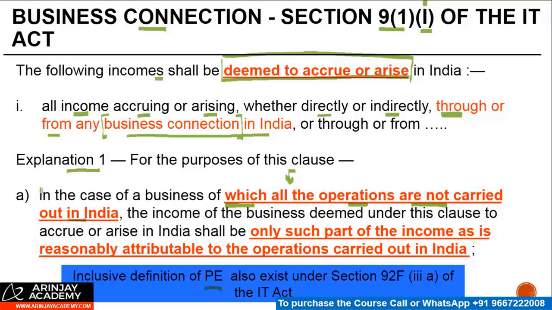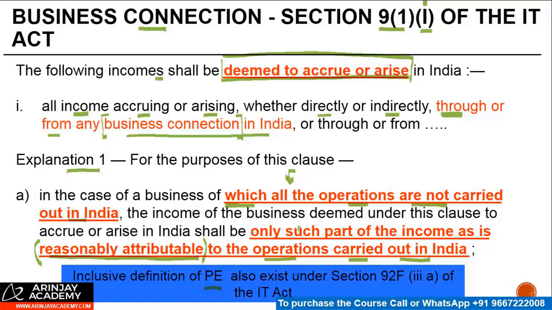So if you are purchasing goods in India and selling goods in India, all the operations are carried out in India, and then everything has to be taxable in India. But if all the operations are not carried out in India, the income of the business deemed under this clause to accrue or arise in India shall be only such part of the income as is reasonably attributable to the operations carried out in India. So what you need to do in this case is find out how much is a reasonable attribution of the income to India.